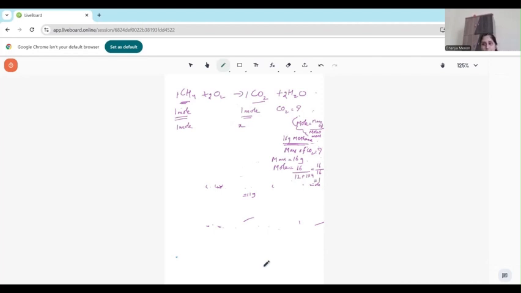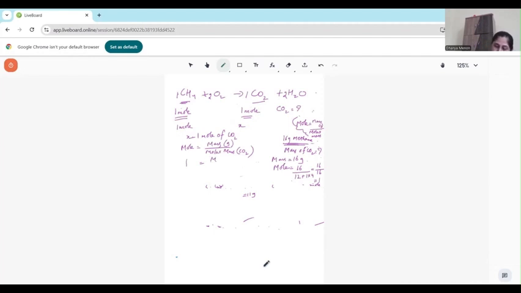This is moles. Now you have to find the mass. So again we use the same formula: mole equals mass over molar mass of what? Carbon dioxide, because we need to find the mass of carbon dioxide. We have the number of moles, which is 1. Mass we don't know.